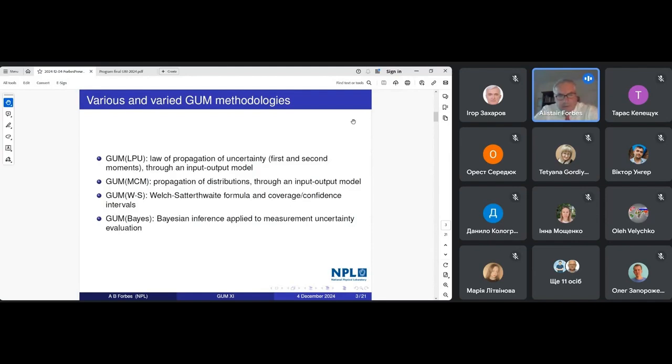The GUM Welch-Satterthwaite formula and coverage intervals are significantly different in my head from the LPU and Monte Carlo approach. And then there's the GUM Bayesian inference. Now there isn't a GUM Bayes, but many people have looked at using Bayesian inference applied to measurement uncertainty evaluation, contrasting and comparing it with, in particular, the GUM Monte Carlo approach. So I want to say something about all four of these methodologies.